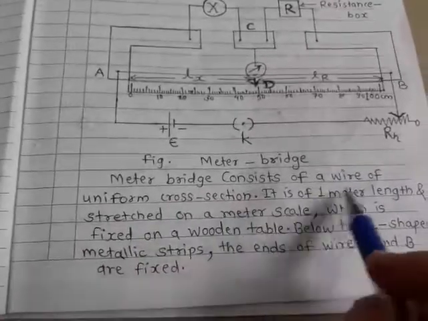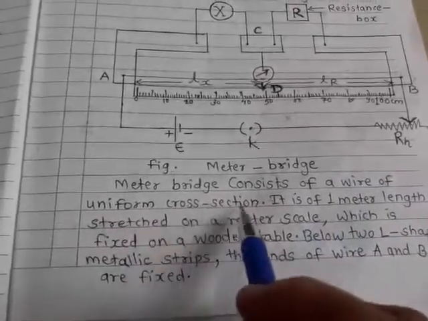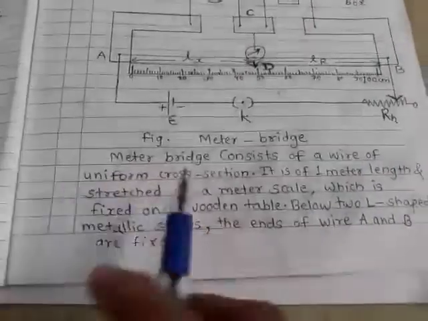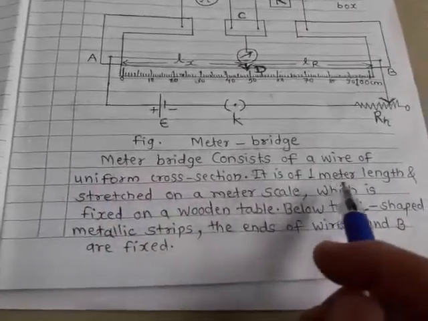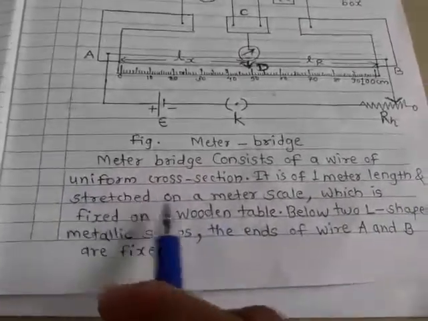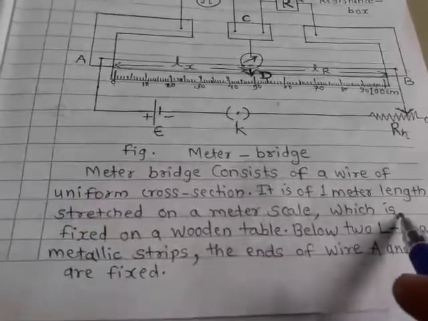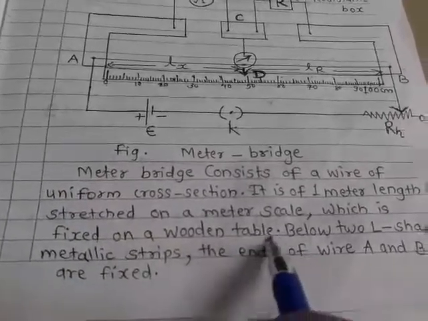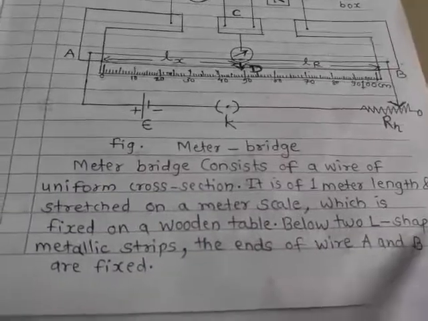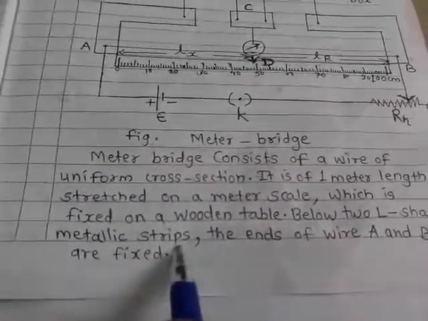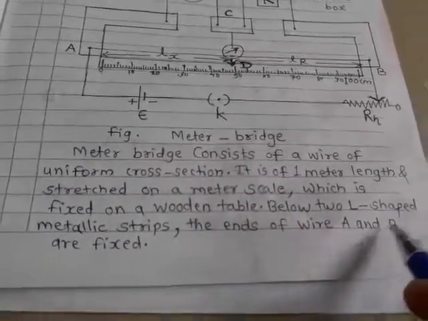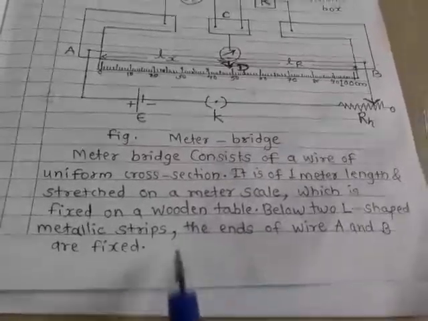Meter bridge consists of a wire of uniform cross section of it is of 1 meter length and stretched on a meter scale which is fixed on a wooden table. Below two L-shaped metallic strips, the ends of wire A and B are fixed.